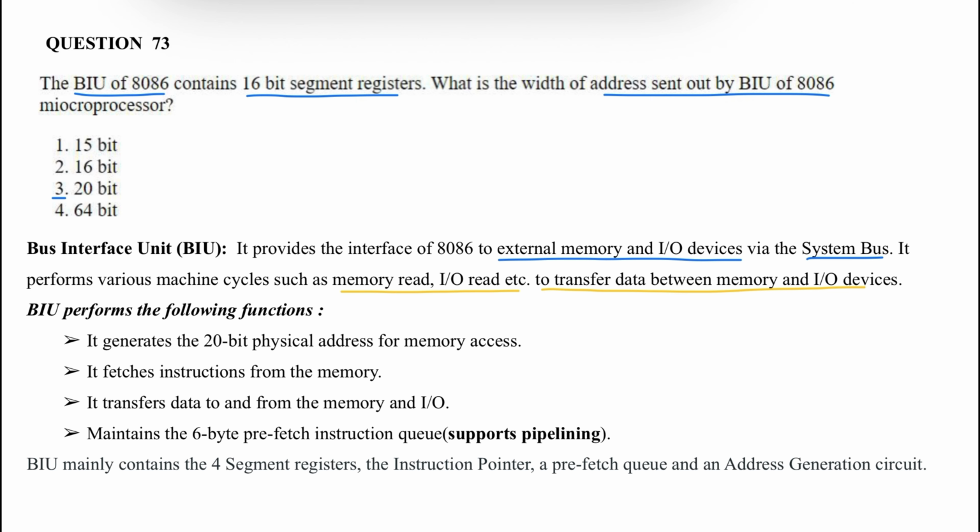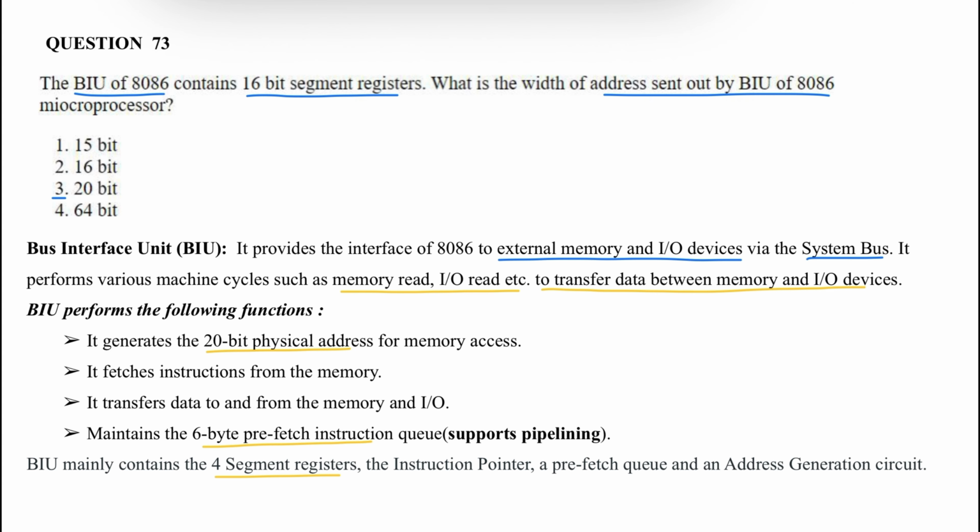BIU performs the following functions. It generates a 20-bit physical address for memory address. It fetches instructions from the memory, transfers data to and from memory and IO devices, and maintains a 6-byte prefetch instruction queue. BIU mainly contains 4 segment registers, instruction pointer, prefetch queue, and an address generation unit.